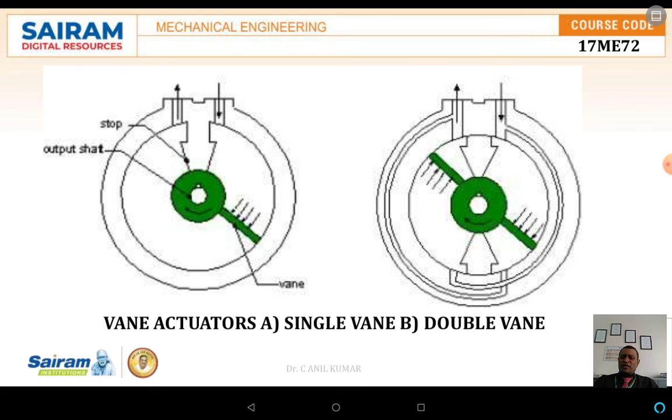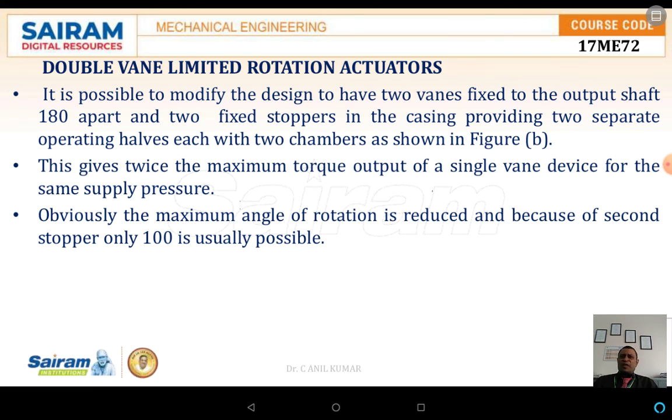But here the double vane actuators also have a major application, especially where it is designed to have two vanes fixed to the output shaft 180 degrees apart, and the fixed stoppers in the casting providing two separate operating halves, each with two chambers, as shown in the figure. This gives twice the maximum torque output of the single vane device for the same supply pressure. Obviously, the maximum angle of rotation is reduced because of the second stopper.